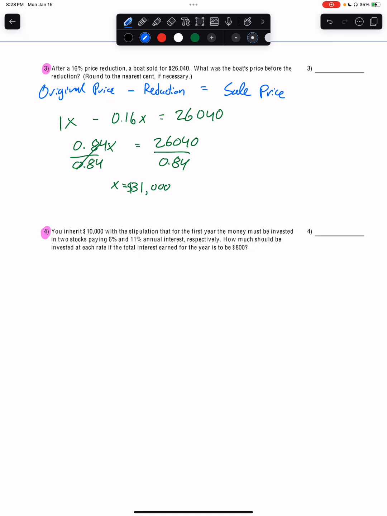Okay, so to do this problem, we're going to need to take the interest from the 6%. We need to add it to the interest from the 11%. That's going to give us the total interest.